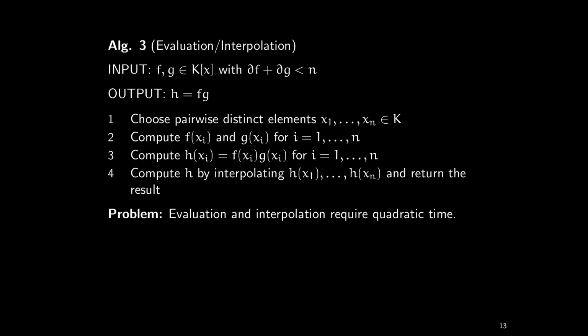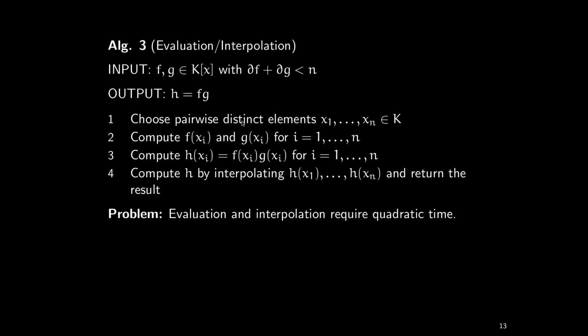I have to think a little bit further, and to think a little bit further, we have to exploit that there's some other degree of freedom that we can play with, and it's the choice of these evaluation points. The algorithm, as it's written there, works for any choice of x1 up to xn.